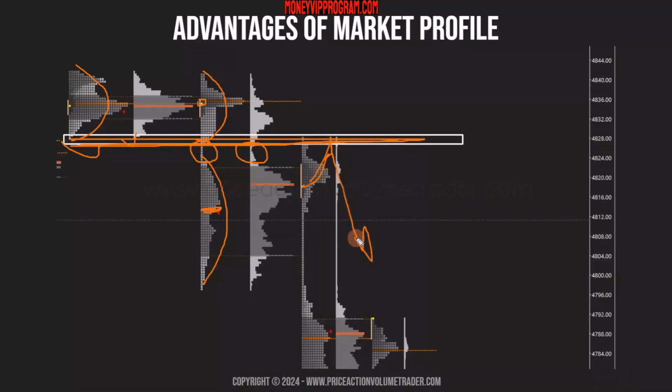Then we just went off with a very bearish reaction and ended up closing and forming value down at the bottom here. So you can see how all these areas, the low volume nodes, the singles, etc., are confluence areas, and later on we're going to go into strategies on how we can use these levels to identify trading opportunities using market profile.